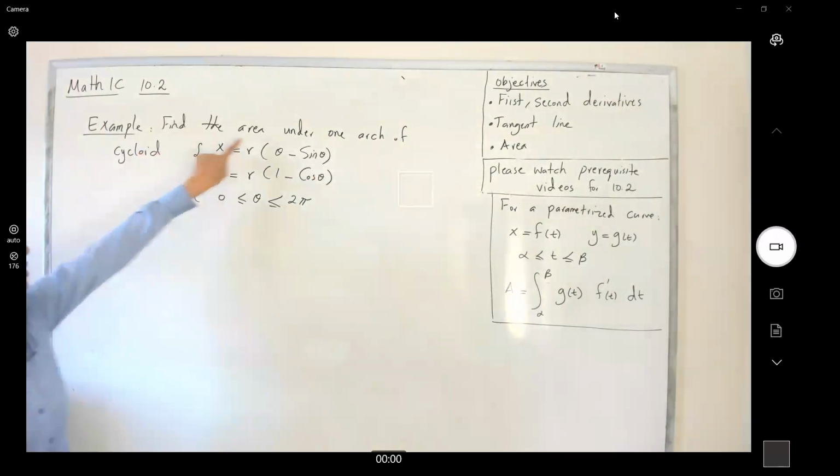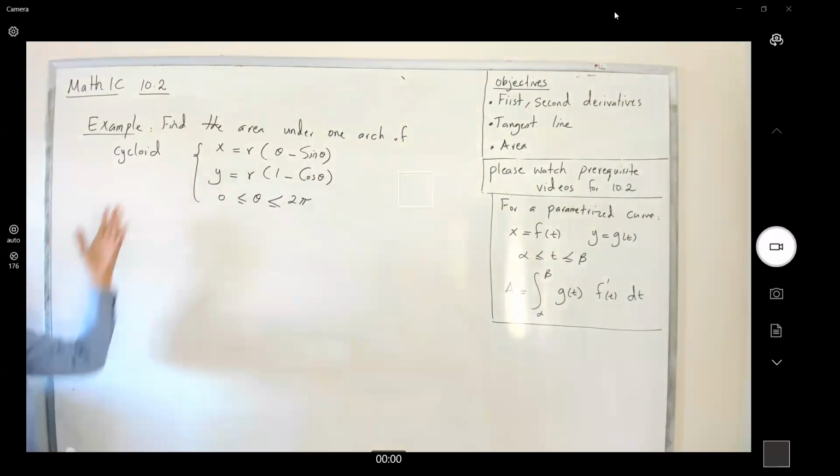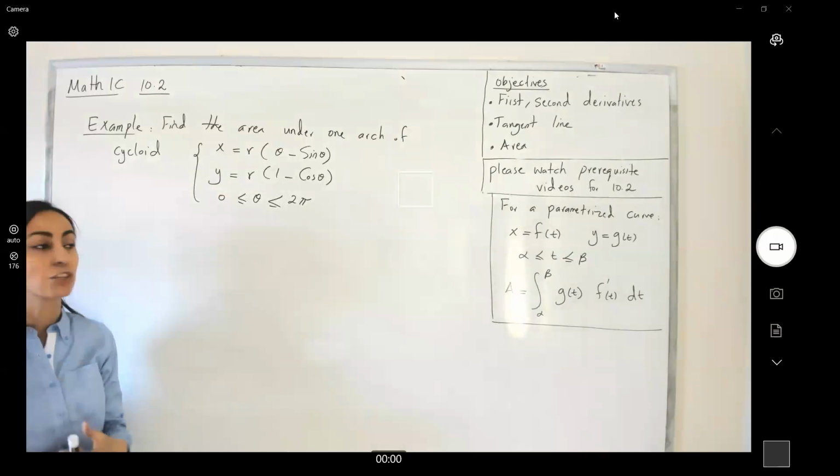We want to find the area under one arc of this parameterized curve.